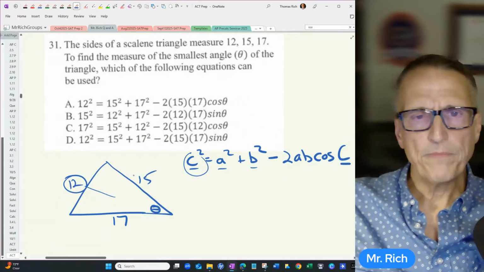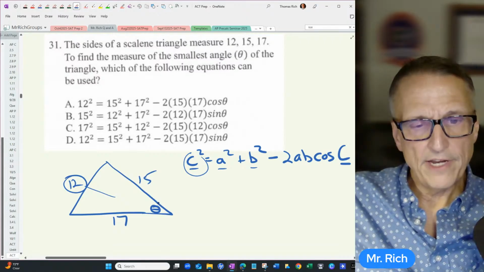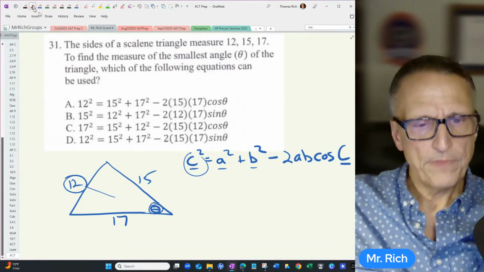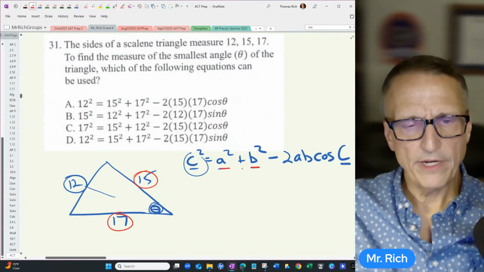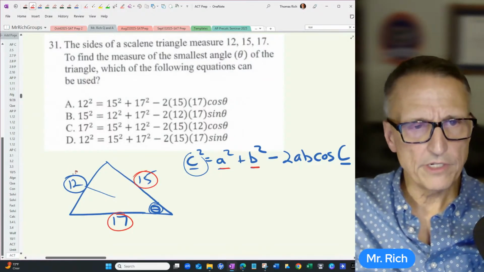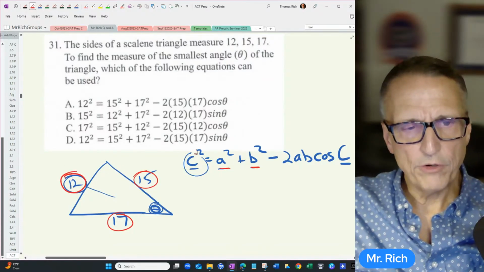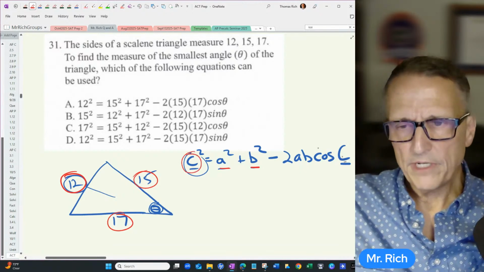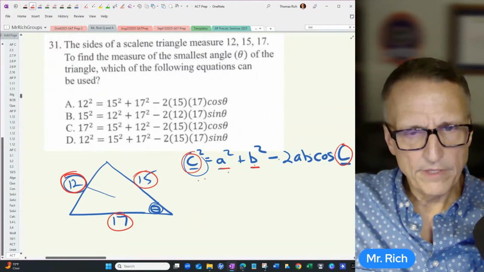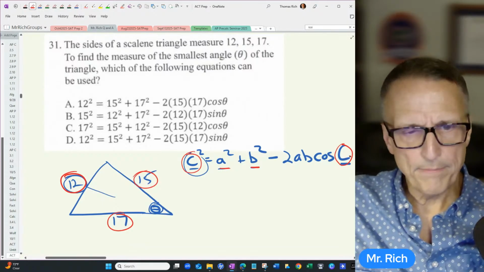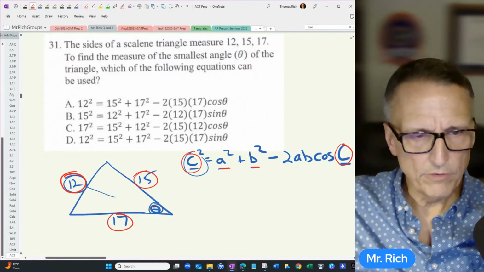So at any rate, what they're wanting us to do is to find this angle. That means these would be the two sides that would go in right here. This 12 would have to go in right here, because this would be our angle theta. Whatever that angle is right there, this side has to be the one on the opposite side from that angle, which would be 12.